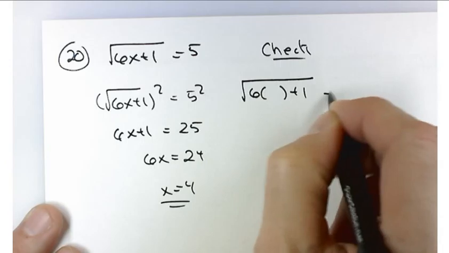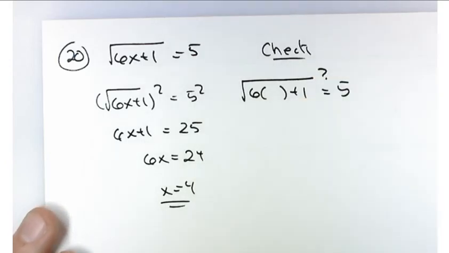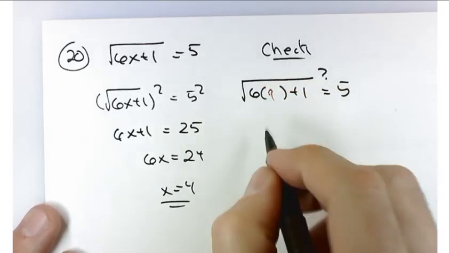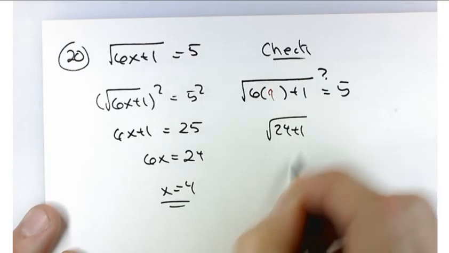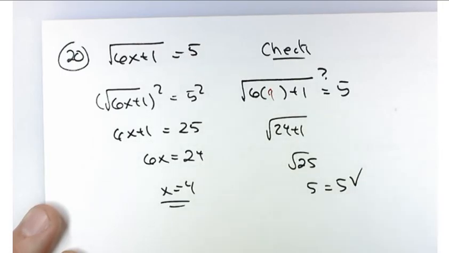So when we plug in the 4, does it work? Well, 6 times 4 is 24. 24 plus 1 is 25. And the square root of 25 is 5. So it checks. But like I said, checking your answer is just a part of the problem. It's something that I do want to see.